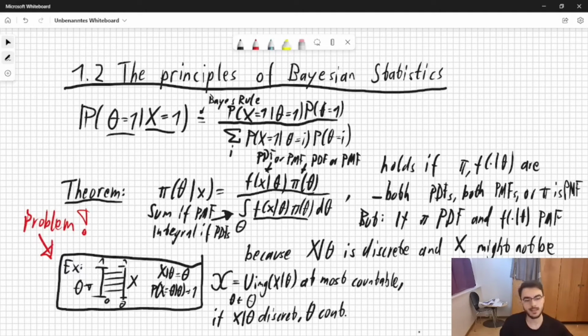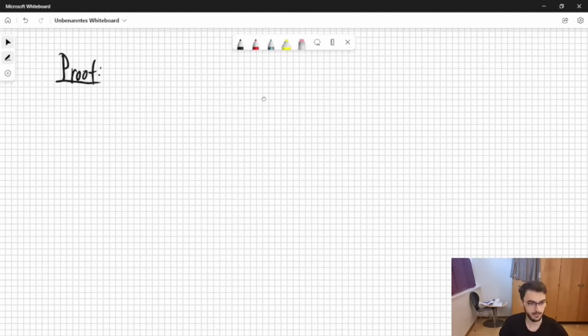In this mixed case, theta can completely change the image of x and even make it uncountable, and then we don't even know, do we have a PDF or PMF, and that's a problem, because then we don't even know if we have a posterior density. So let's prove this.